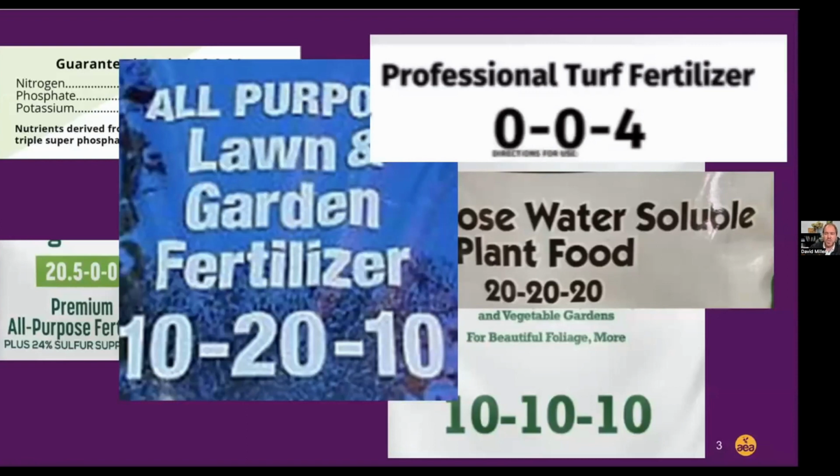How do you know? Do you understand what these fertilizer labels and these numbers are? Or are you expecting someone to just tell you you need to buy this? And that's okay. But I want to give you the ability to ask some questions today by understanding what these numbers mean. And this is very much 101.